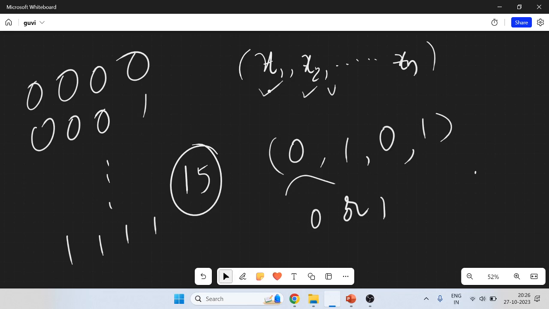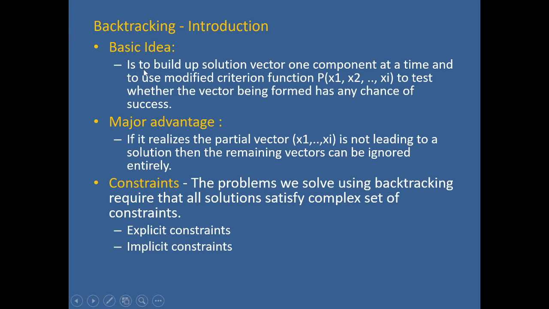While taking the decision for one value, if you identify that this combination of values is not leading to the answer, you can stop constructing the rest of the tuple, go back and take another number for that particular one. That is the basic idea. So the basic idea is we'll be building the solution vector one component at a time, and we'll use the criteria function. Criteria function means for every problem we'll have a set of rules.